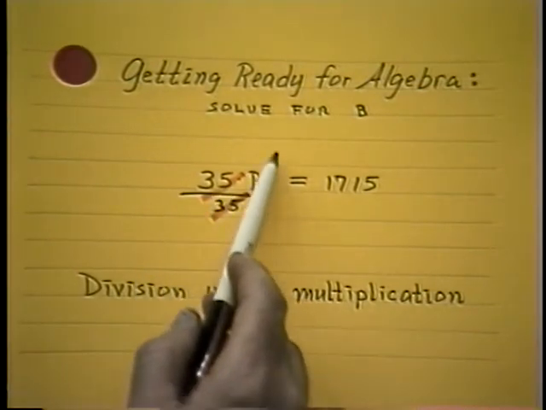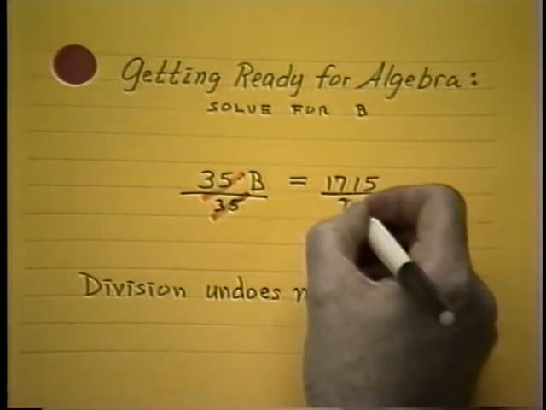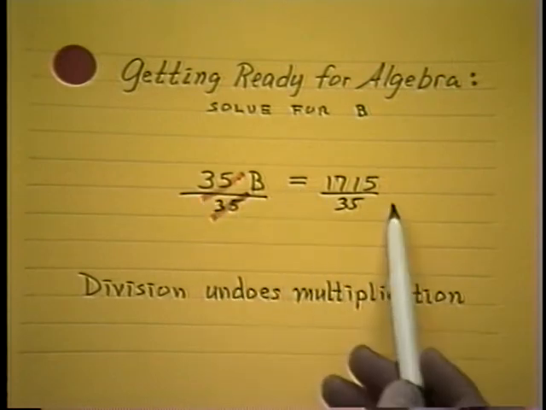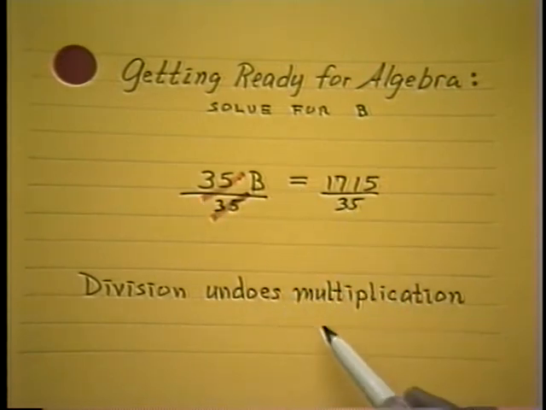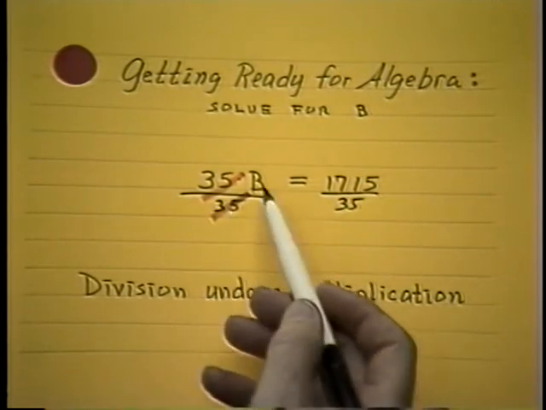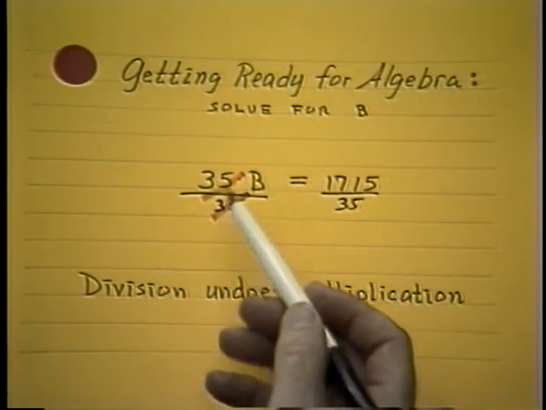And of course, if I divide your total amount, whatever it is, by 35, I have to divide that amount by 35, however I write it. The key point to remember is that division undid that multiplication.